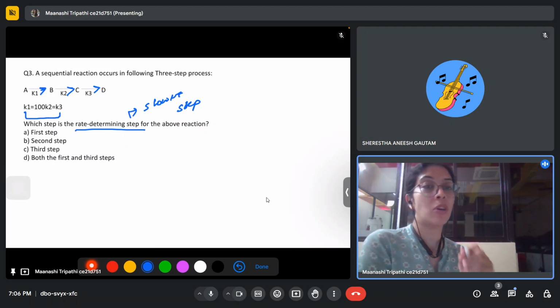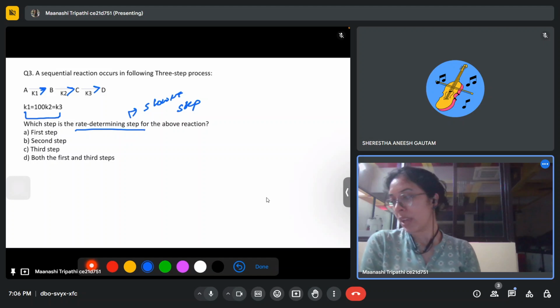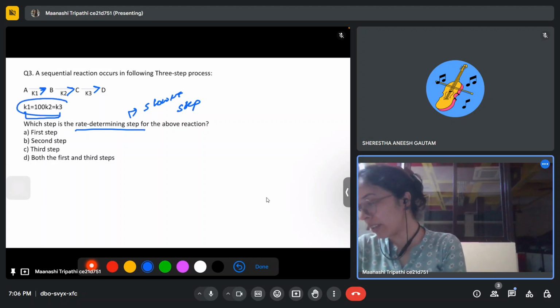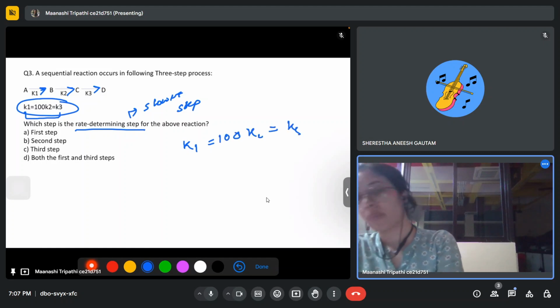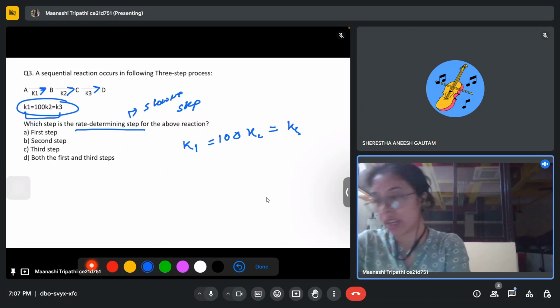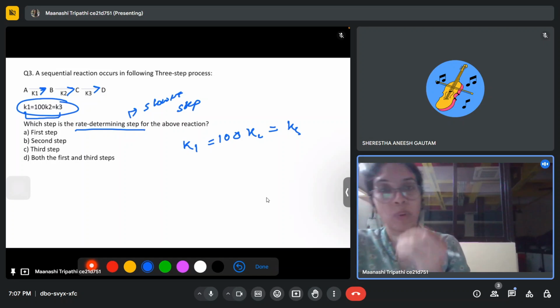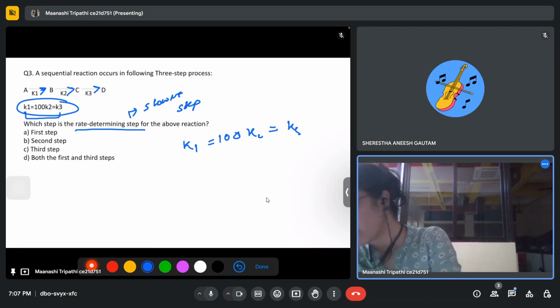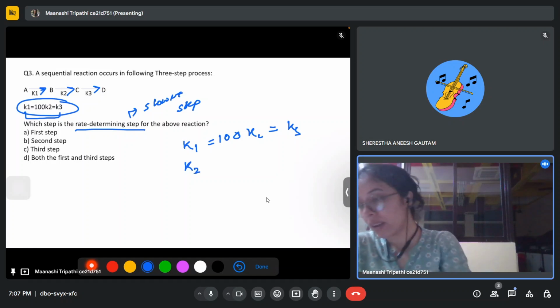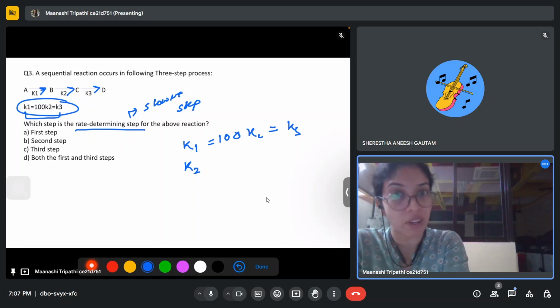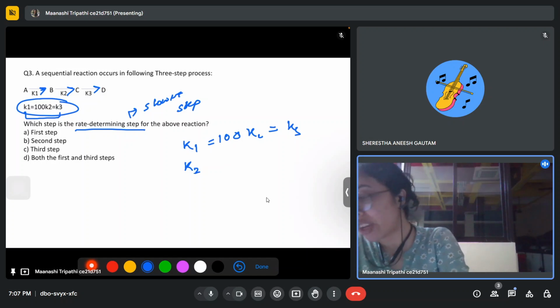We are talking about the slowest step. So if we look at this, K1 is equal to 100, K2 is equal to K3. So what I mean to say is, if for doing something the rate constant is K2, then for doing the similar thing, K1 is 100 times faster.